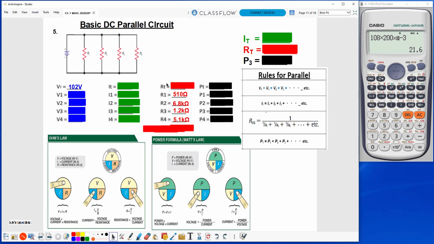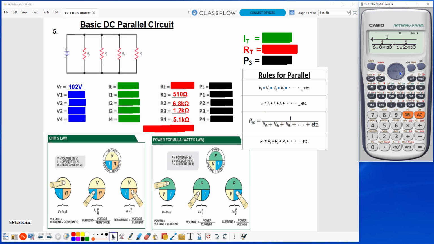This is a basic DC parallel circuit, so the first thing I'm going to solve for is RT. So I'm going to go 1 over under 1 over under 510. Scroll over plus 1 over under 6.8 times 10 to the third. Scroll over, hit plus 1 over under 1.2 K ohms.